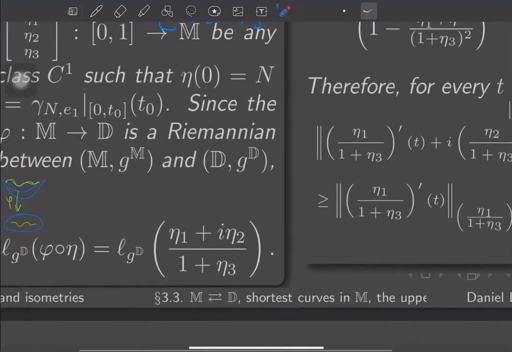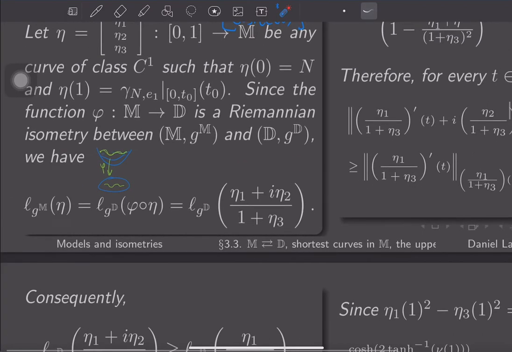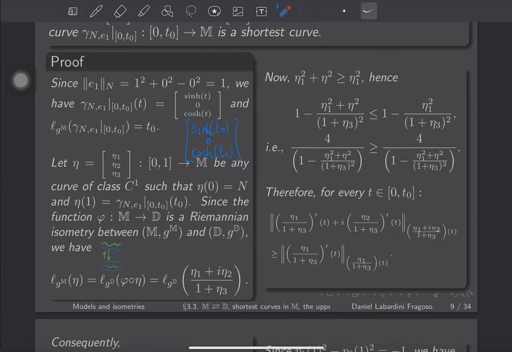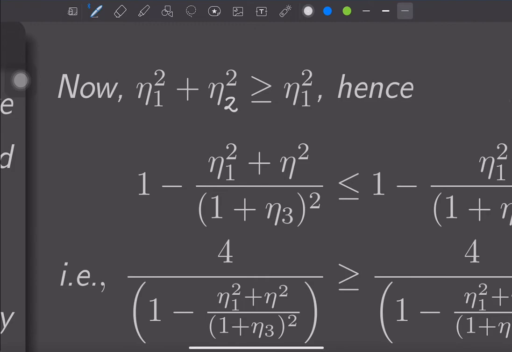So this is really a function that goes from 0 t0 to the disk. And then this is equal to this. Now, of course, here I forgot to write 2. I think it's 2 here. And so of course I have this inequality, so that's obvious.